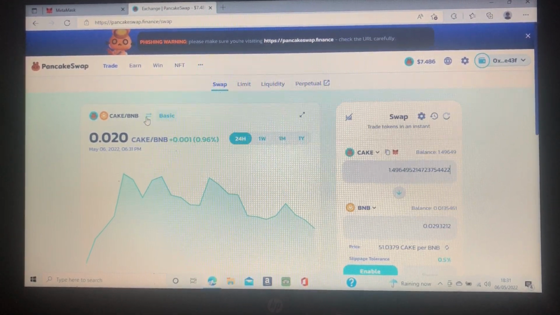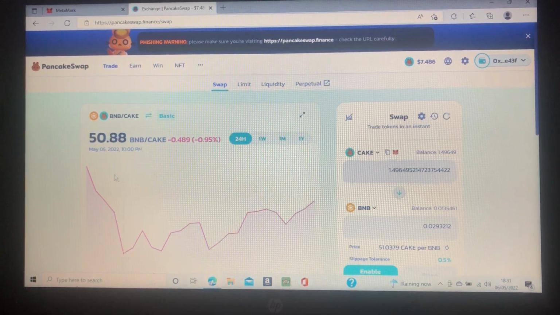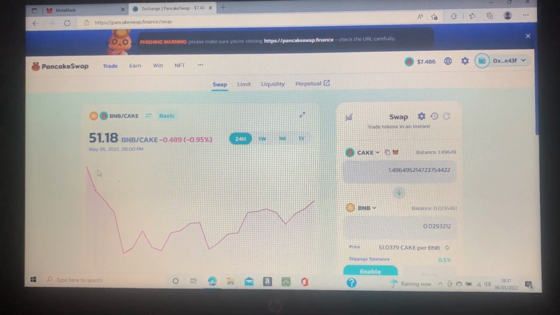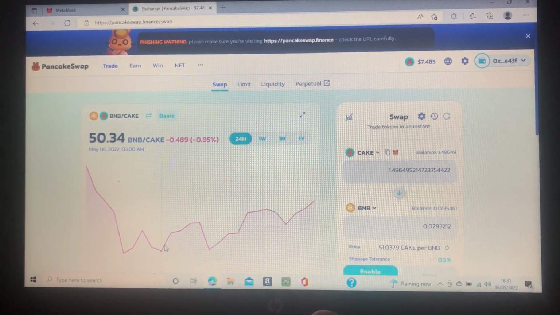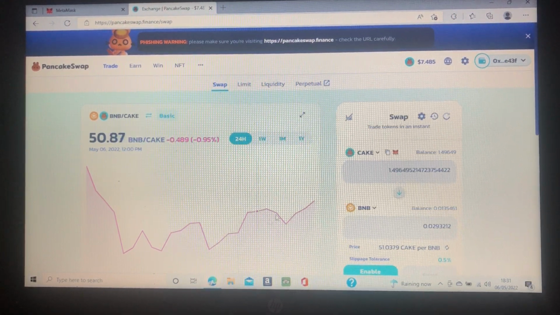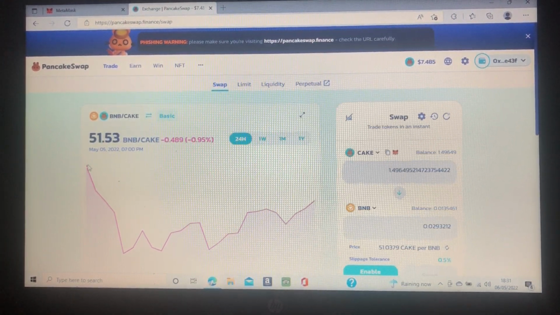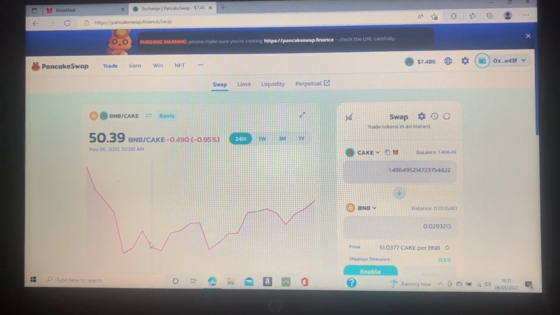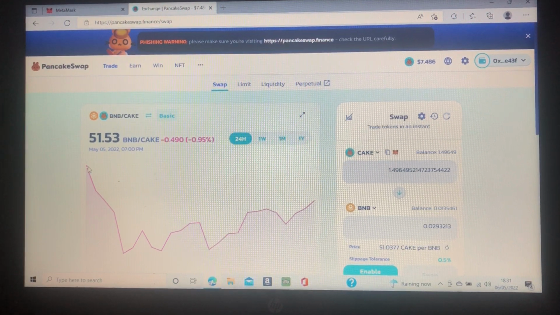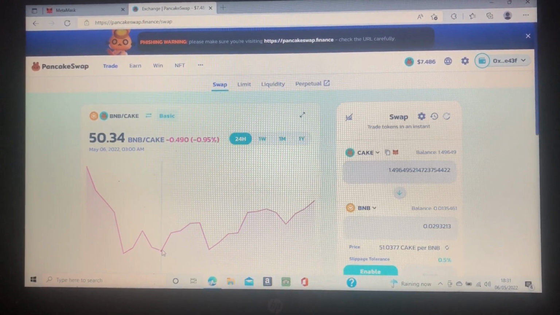Now let's check BNB cake. Alright, see how it turned. So this is rather bearish, at least up to this point. From here to this point, bearish. Now it's trying to recover, but all the same you find out that it is coming down. So this is a bearish trend line. You see at this time, from May 5th 7 p.m. up till May 6th 3 a.m., it has been bearish.